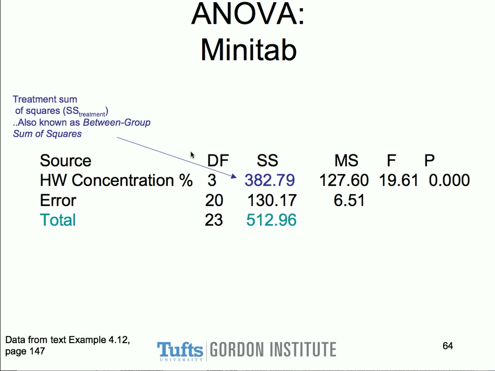This first one here is called the between group sum of squares. This looks at the differences between the averages for each level: 5%, 10%, 15%, and 20%. This next one right here is the within group sum of squares. So it's looking at the variance within each level.